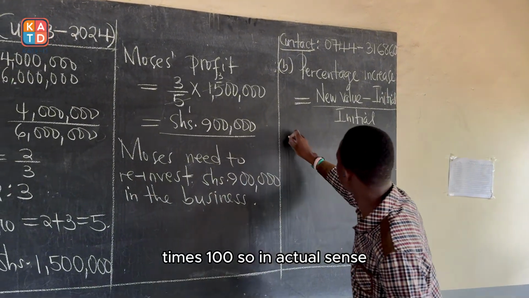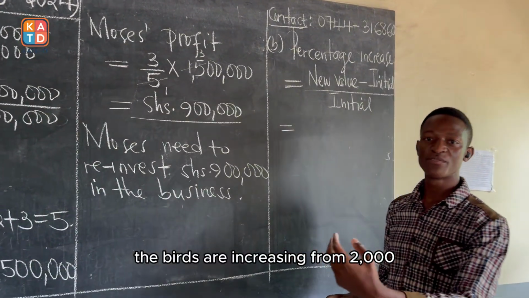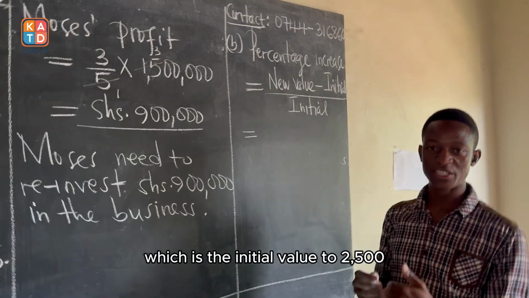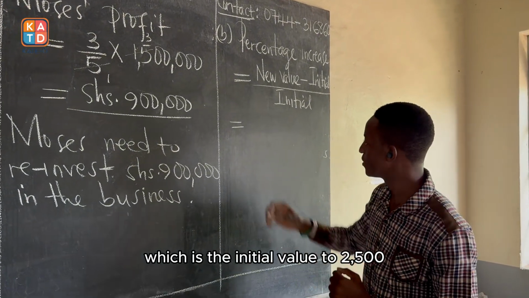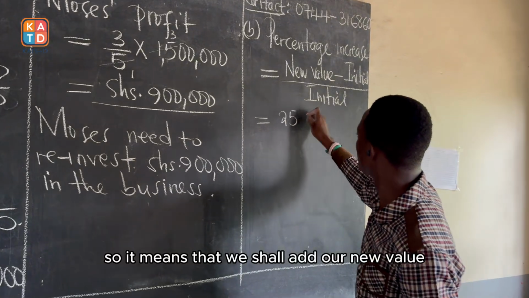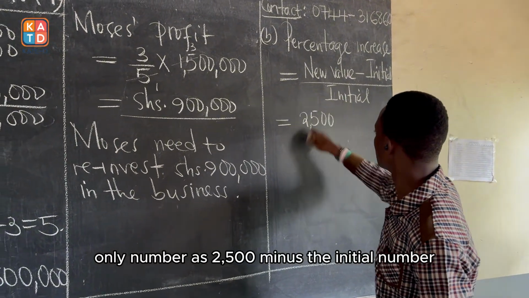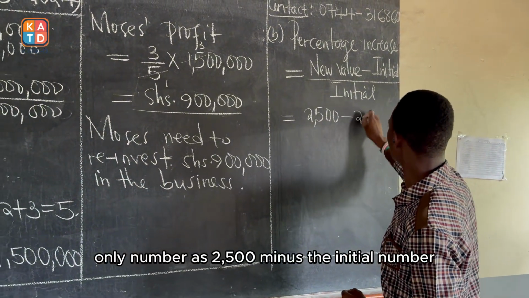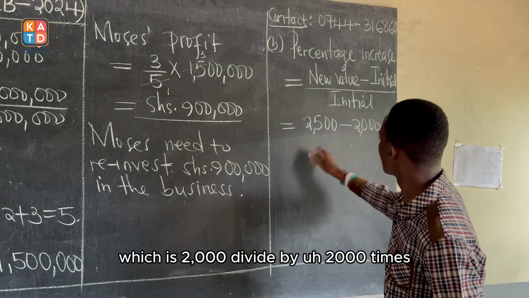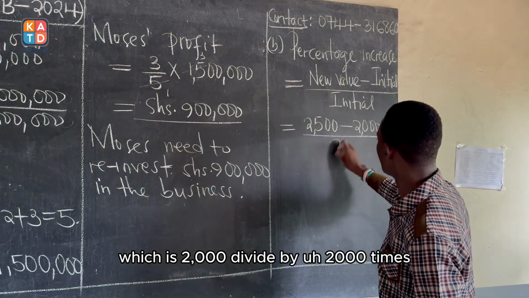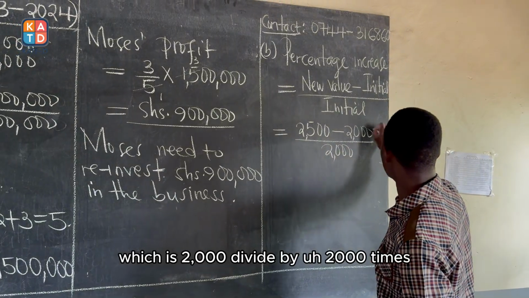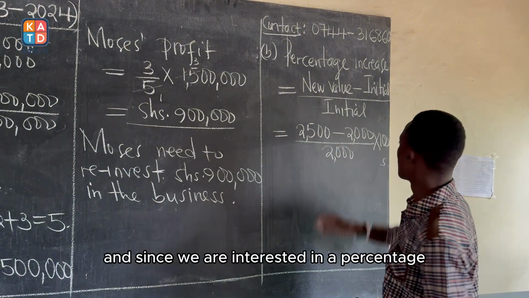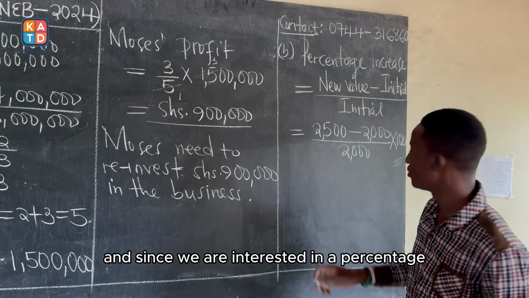So in actual sense, the birds are increasing from 2,000, which is the initial value, to 2,500. So it means that we shall have our new value, or new number, as 2,500 minus the initial number, which is 2,000, divided by 2,000, then times 100. Since we are interested in a percentage.